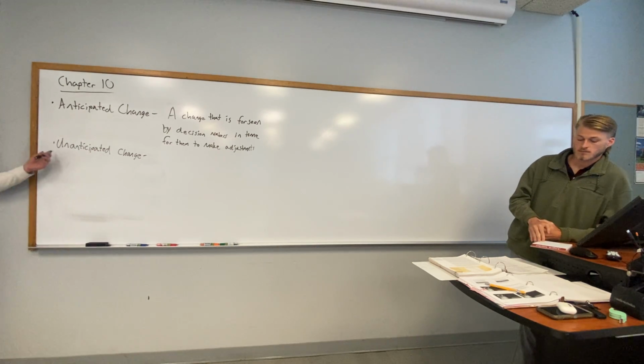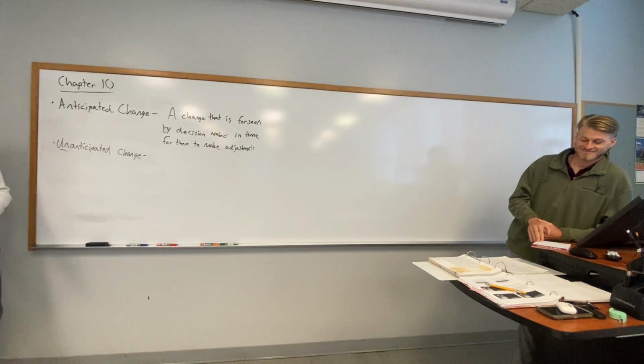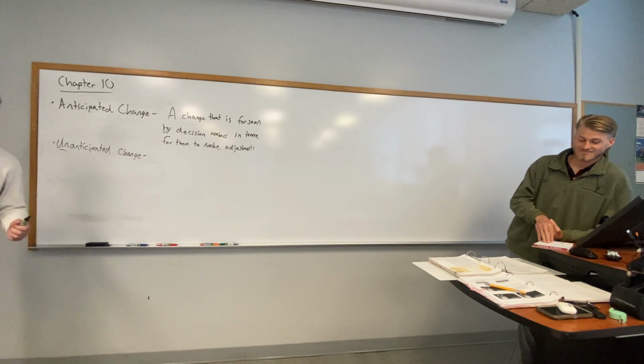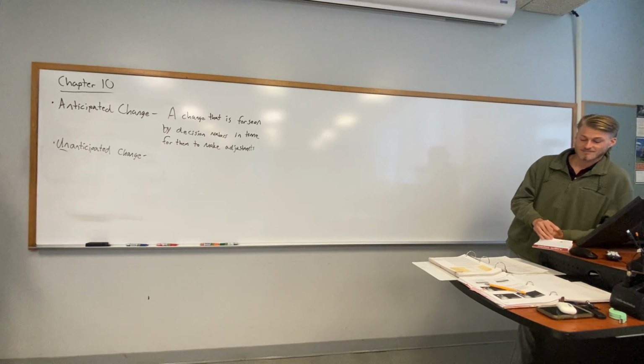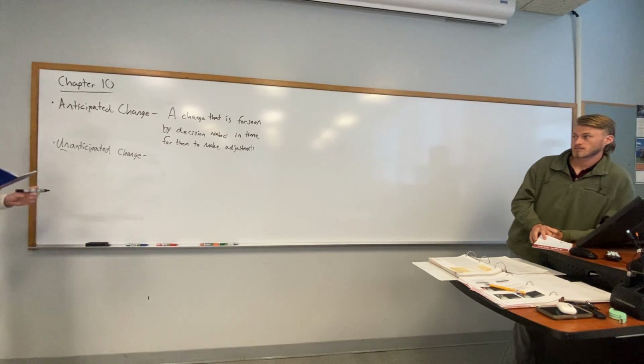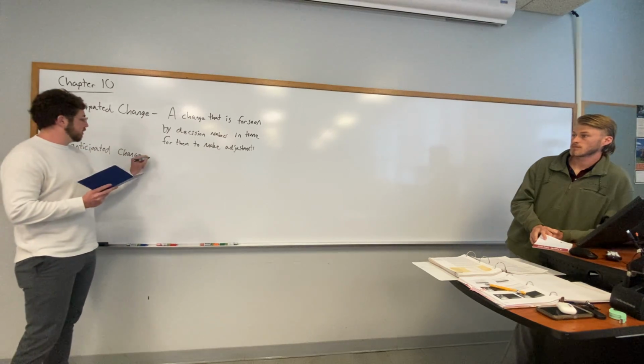All we're adding is un, so what would be an unanticipated change? What do you think the definition is? It could be that. It's a change that decision makers could not reasonably foresee. They cannot reasonably foresee it.